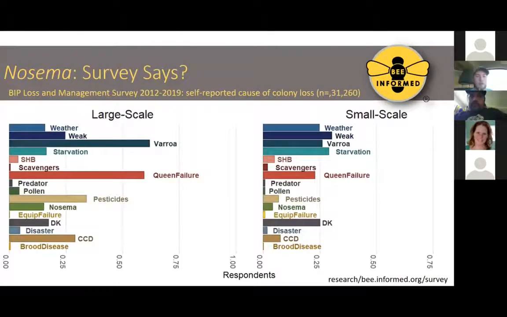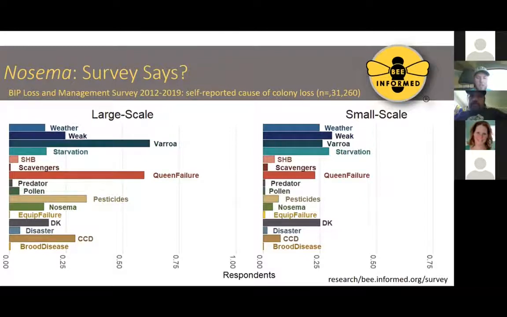Okay, so this is the graph that Natalie used earlier, and as you can see, on average, about 15% of large-scale beekeepers identify Nozema as a source of colony loss, and only 4% of small-scale beekeepers identify it as a cause of colony loss.